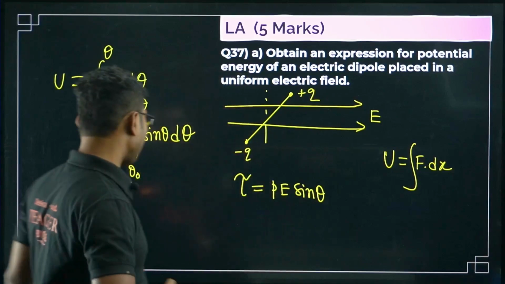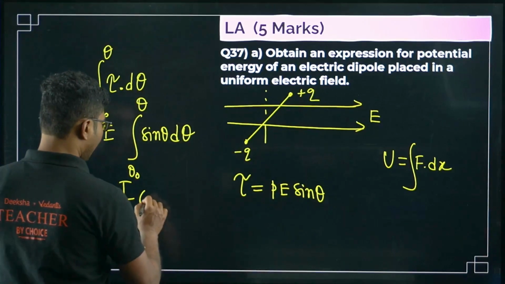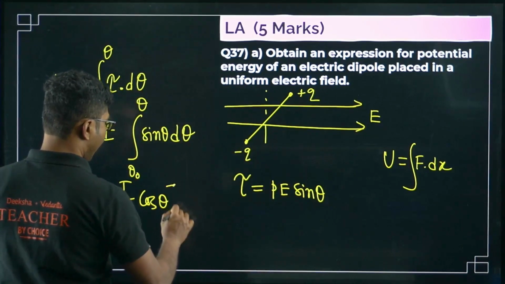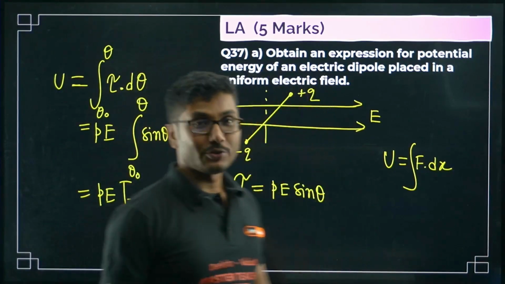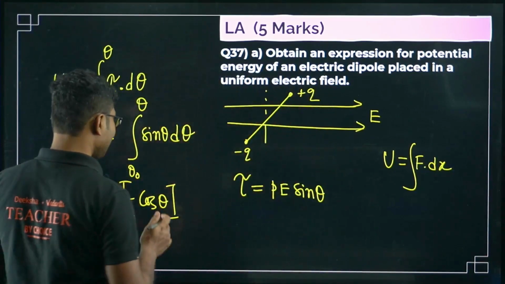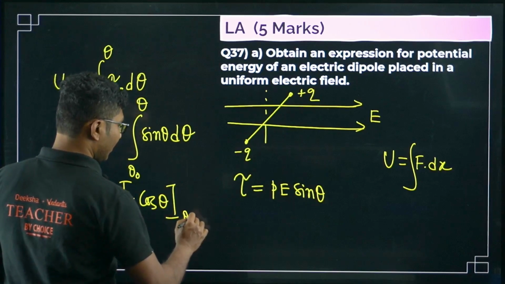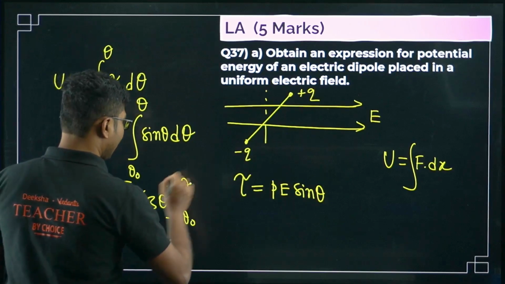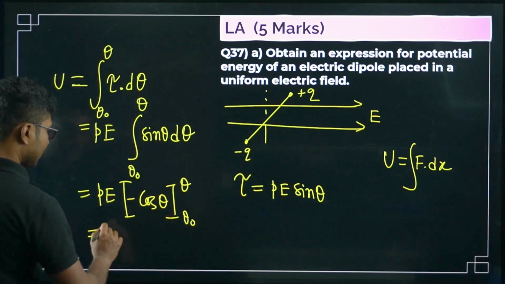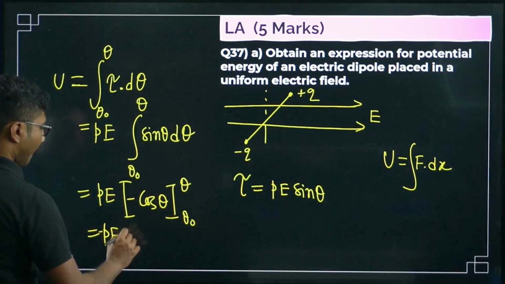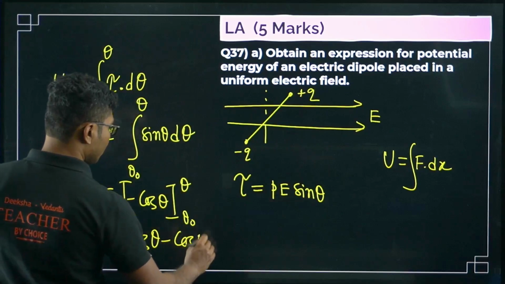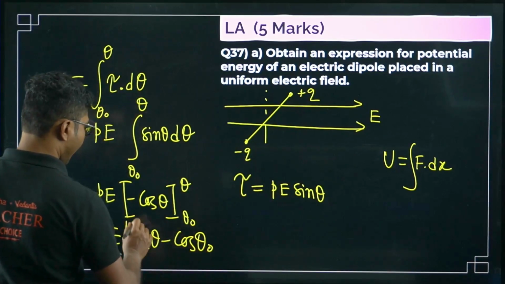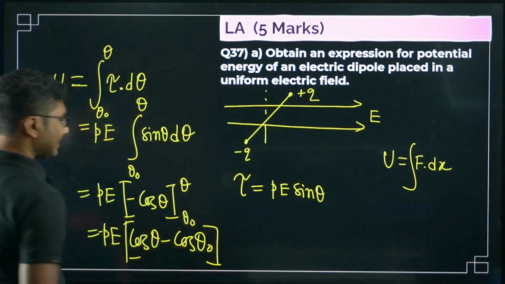Integration of sin theta is minus cos theta, since cos theta's differentiation is minus sin theta, from theta naught to theta. You can take this minus outside, so minus pE (cos theta minus cos theta naught). Okay, this is the general expression.